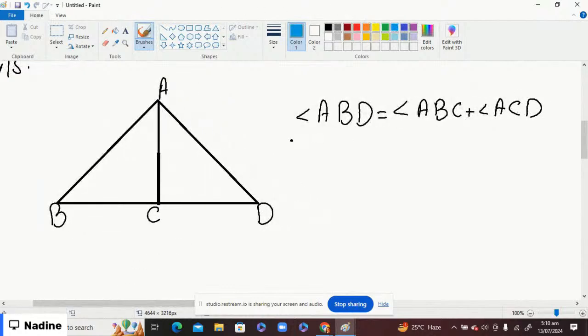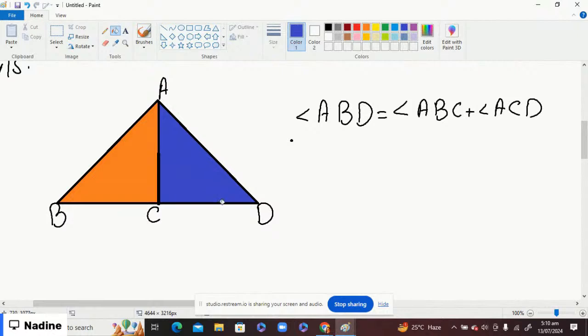The full one equals this part and this part. So the full ABD should equal, first of all, ABC and then ACD.